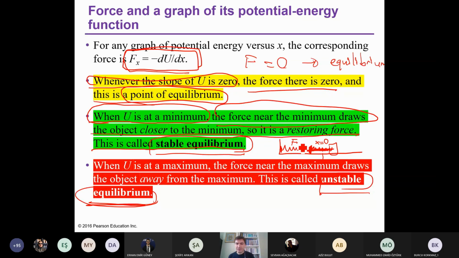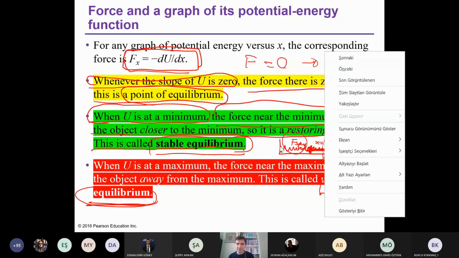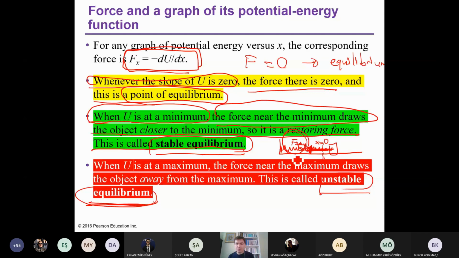So this F spring would like to push this mass to the equilibrium position. So then this force is a restoring force, okay? Restore what? It wants to move the spring to its initial position where it is happy, when x is 0 in equilibrium, okay? So this is the stable equilibrium.